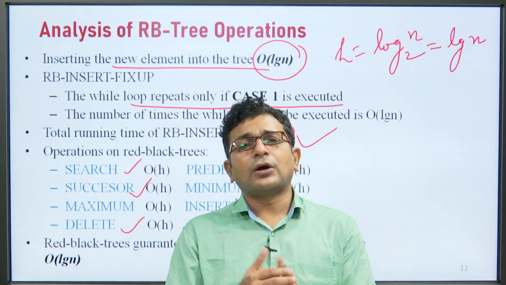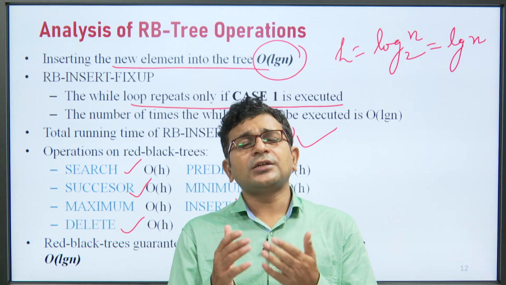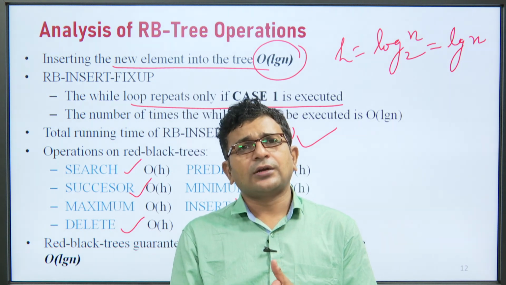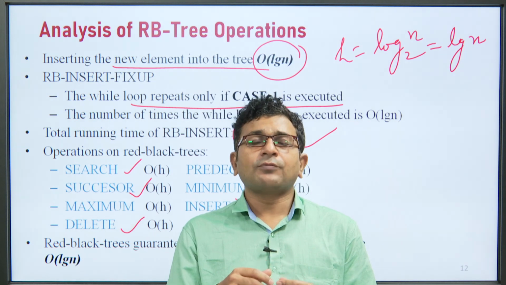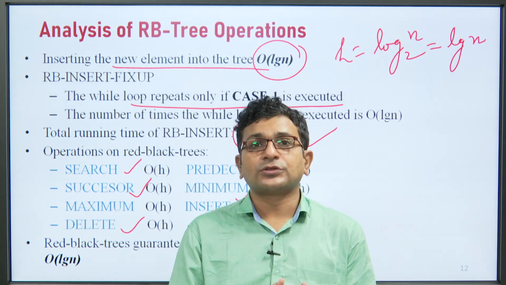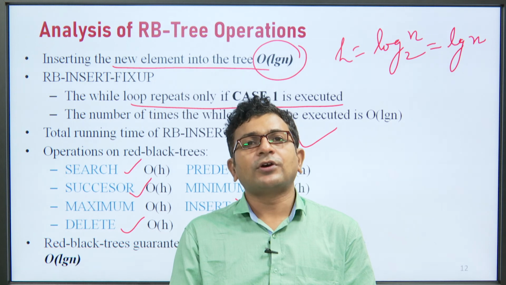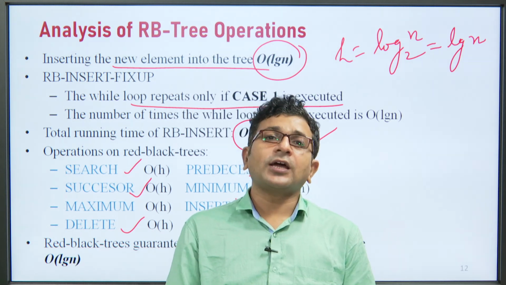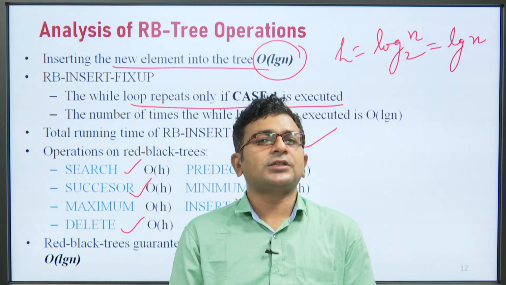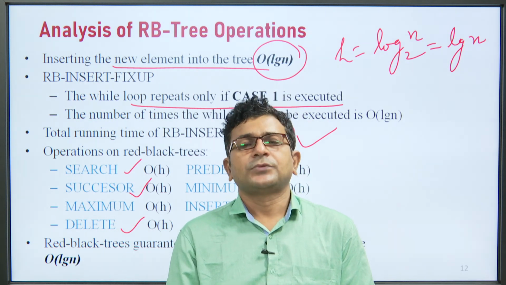So, if we have frequent insertion and deletion operations, in that case we will prefer the red black tree. While if we do not have frequent insertion and deletion operations, in that case we can prefer the AVL tree.